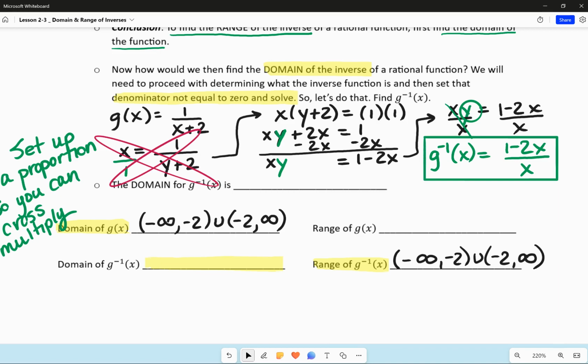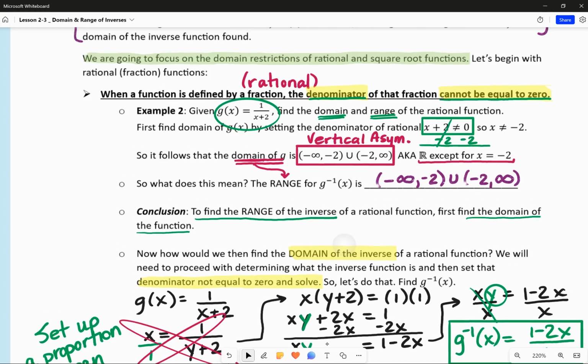Notice I got another fraction. I want to know what is the domain of the function we just found. What is the domain of g inverse? We know by the rule, that big bullet up here in bold, that if you have a denominator, set it not equal to 0.